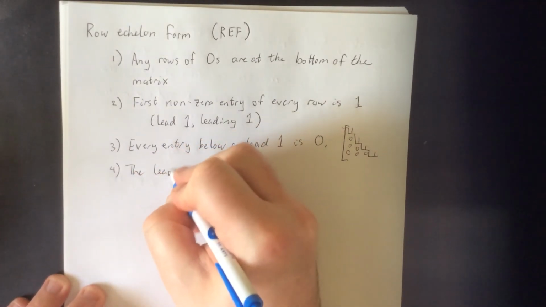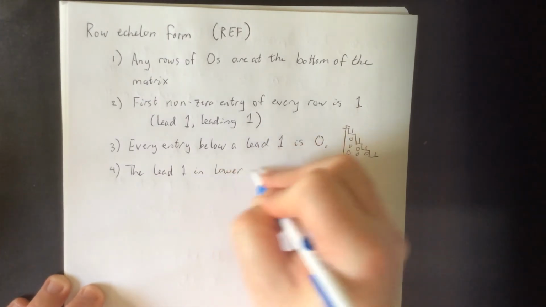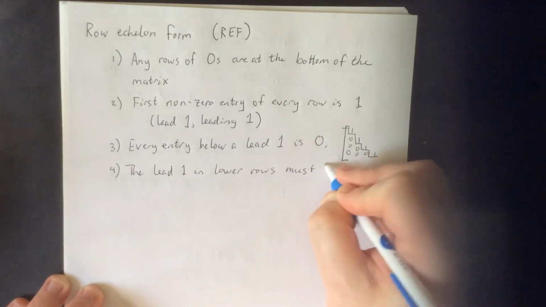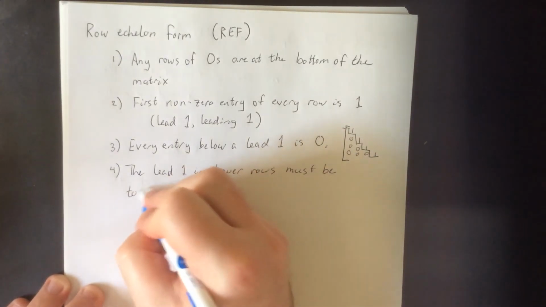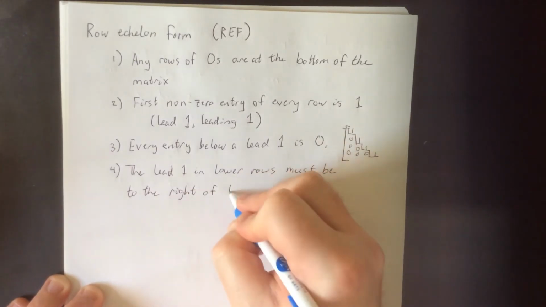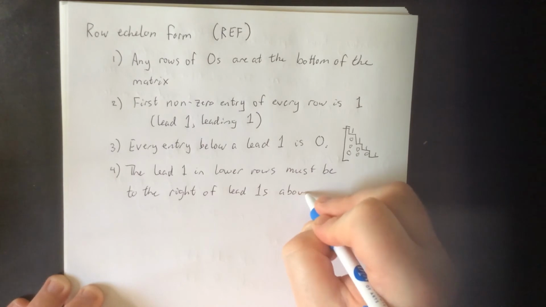So the lead 1 in lower rows must be to the right of lead 1s above it.